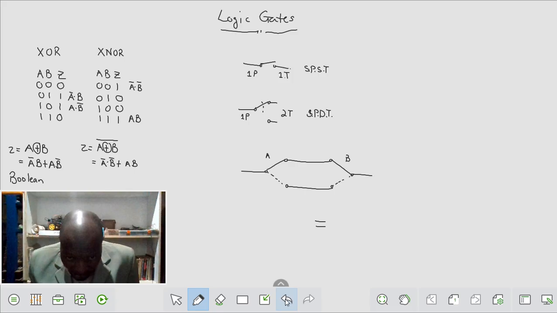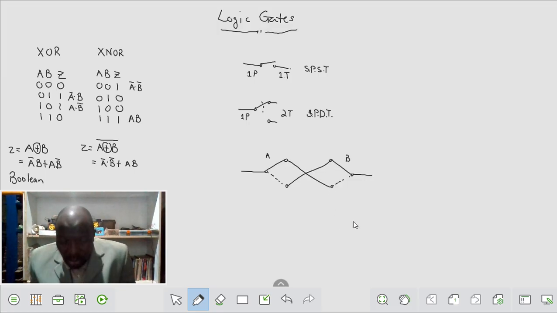Our equal sign is like that, our times sign is like that.